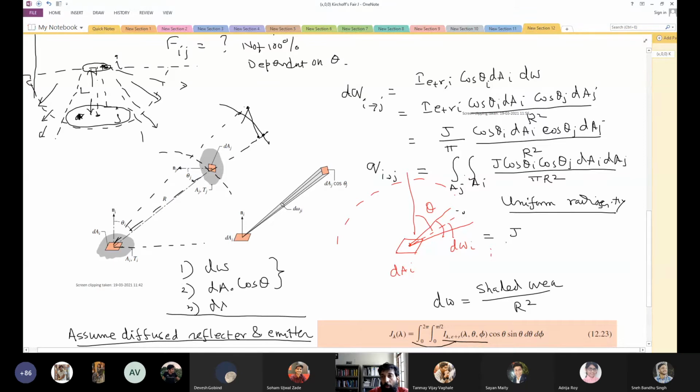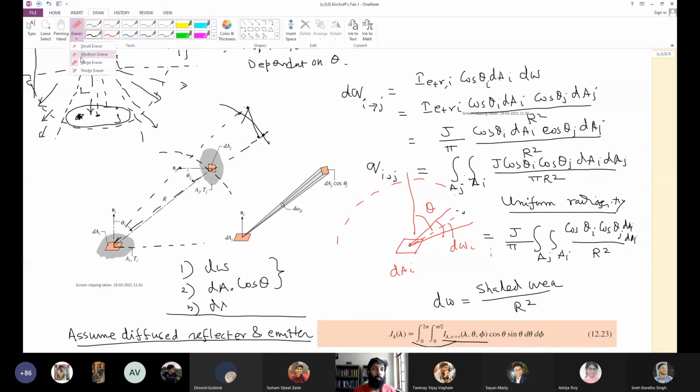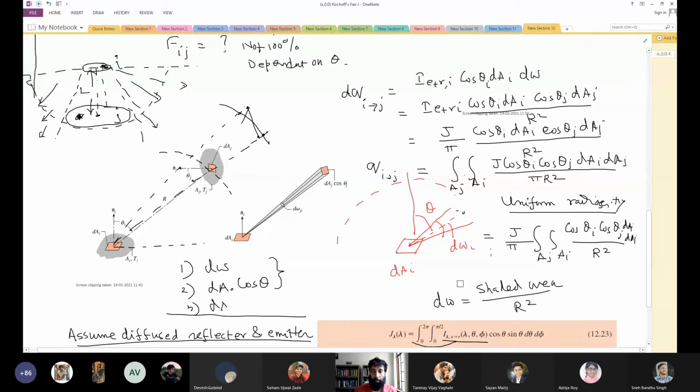So J over pi, integral over Aj, Ai, cos theta i cos theta j dAi dAj over r square. So this is the total amount of energy that goes from surface i to surface j.